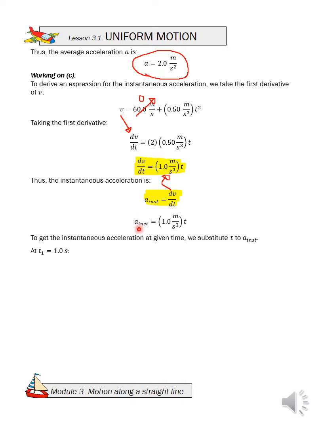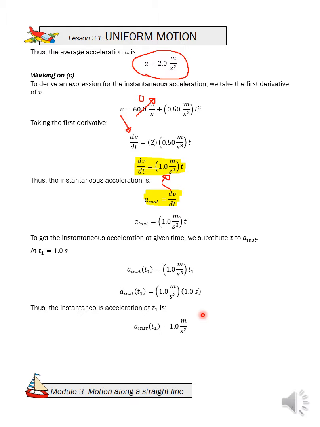To get the instantaneous acceleration, we substitute t1 into this expression right here. So instantaneous acceleration at time t1 is equal to 1.0 meters per second cubed times t1. We substitute t1 here as 1.0 second, and then solve, we get this one. The instantaneous acceleration at time t1 is 1.0 meters per second cubed.